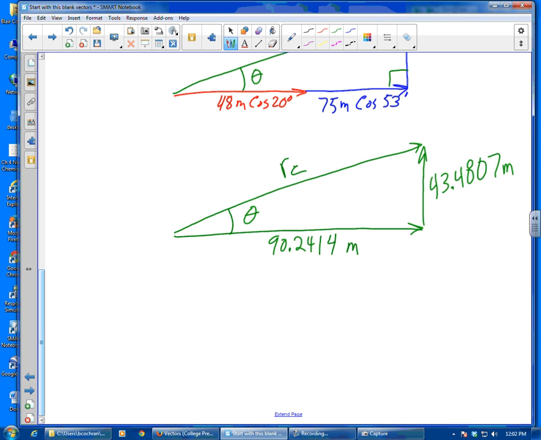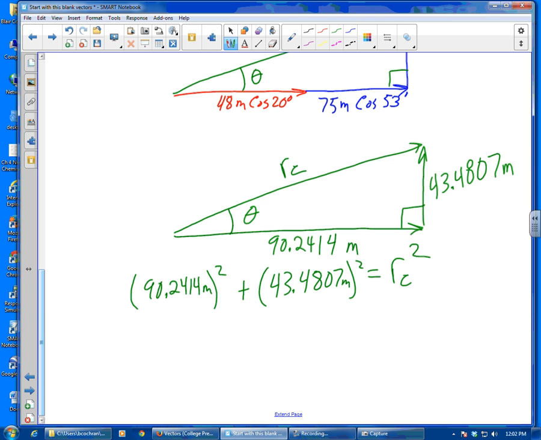RC. So that's the hypotenuse of my right triangle, right? What's my ratio that relates my sides to the hypotenuse? Pythagorean theorem. Pythagorean theorem says that 90.2414 meters squared plus 43.4807 meters squared equals RC squared. Most common mistake here will be forgetting to take the square root of what you end up with in your calculator.